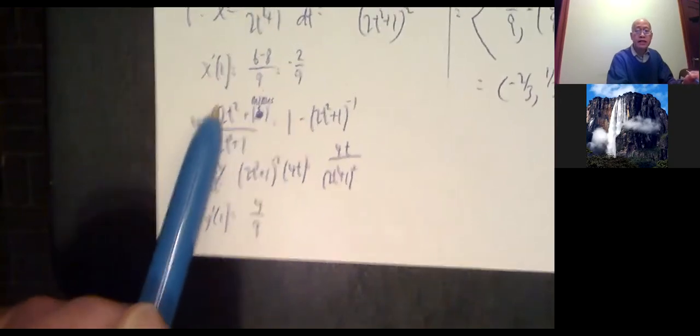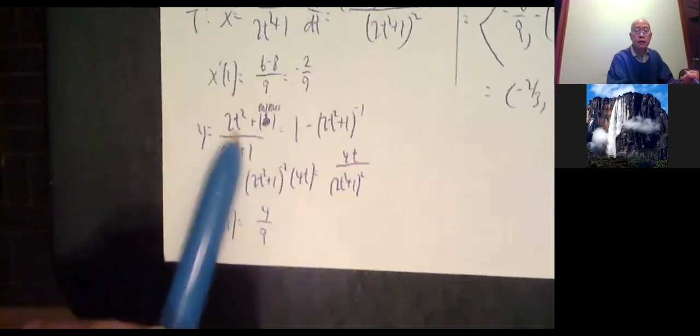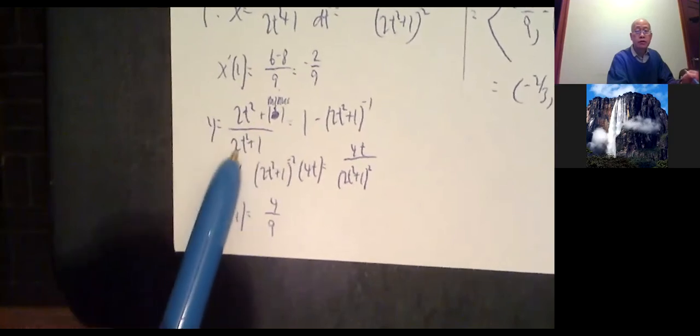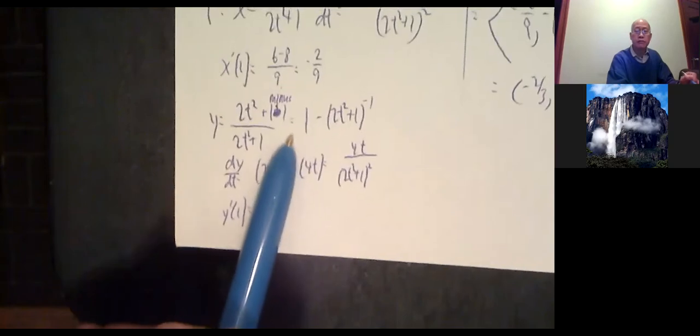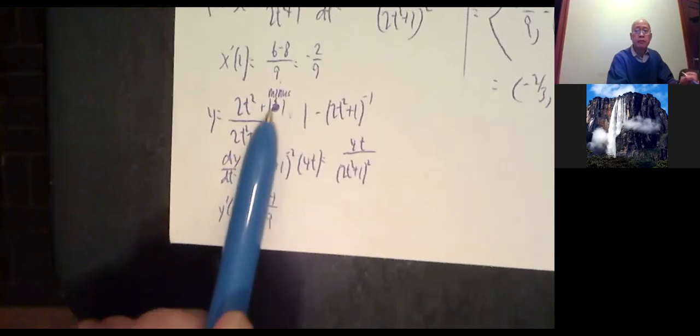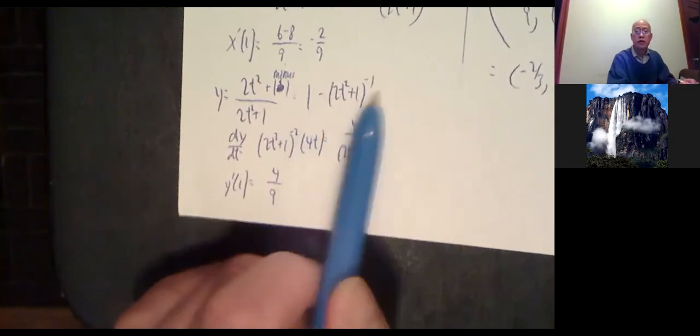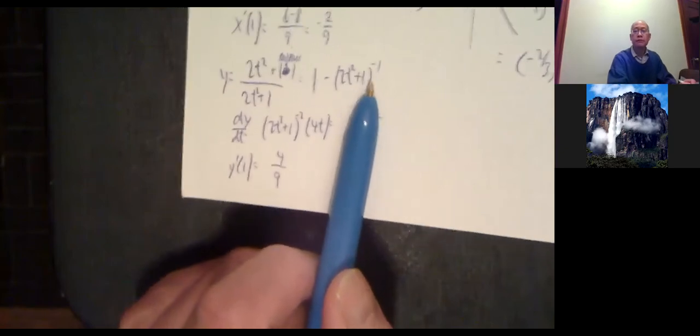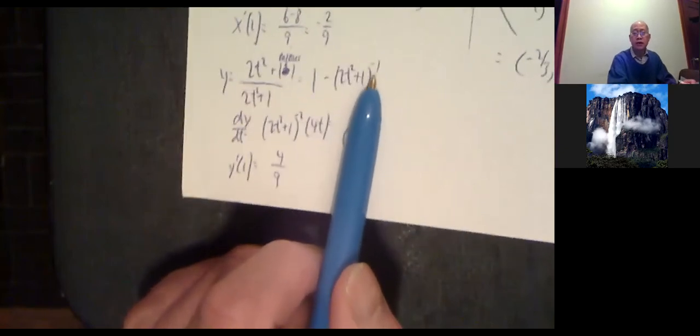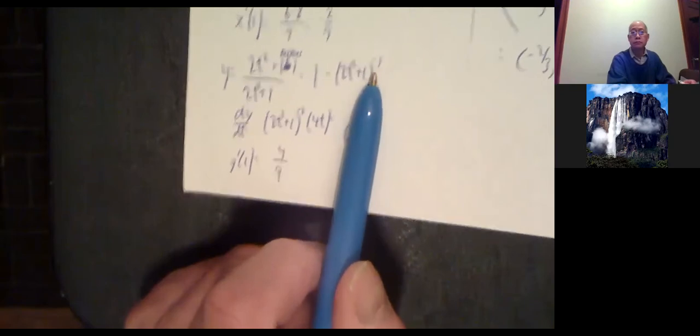The reason why I do that is now this right here is 1: 2t squared plus 1 divided by 2t squared plus 1. And it's very easy to differentiate 1. That's 0. And then I have minus 1 over 2t squared plus 1, which I'm writing as negative (2t squared plus 1) to the negative 1 power. That makes it a lot easier rather than doing the quotient rule.